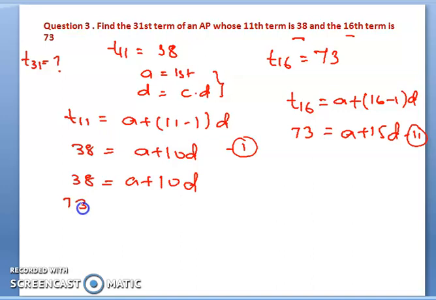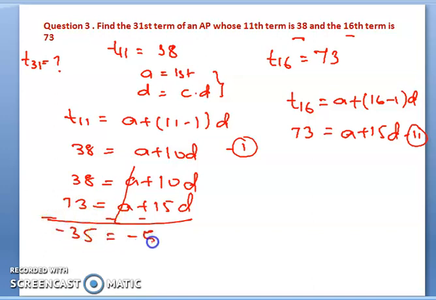So this and this got cancelled. Now 73 minus 38, so it's 35, and the D side is minus 5D. Minus and minus cancel, D is equal to 7. 35 upon 5 is 7.